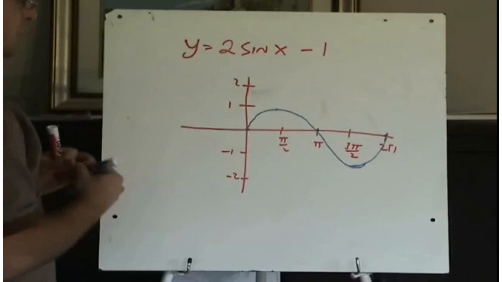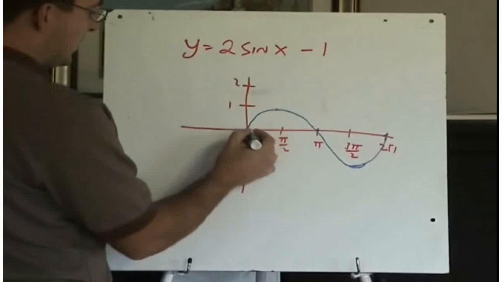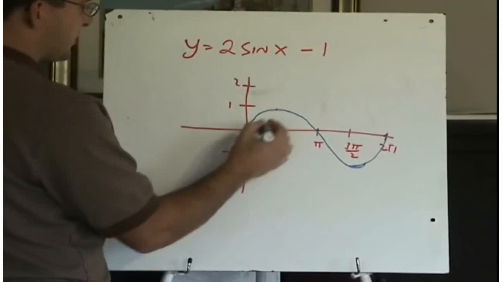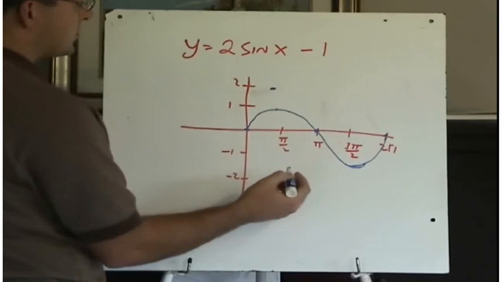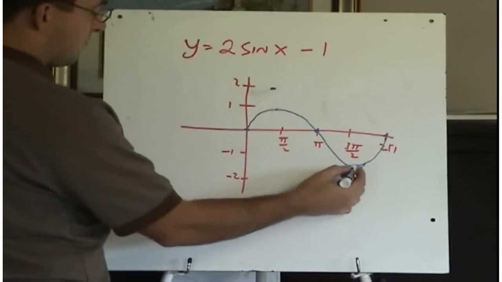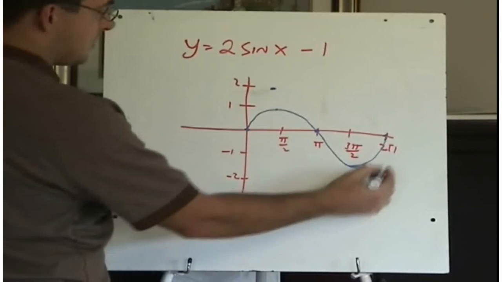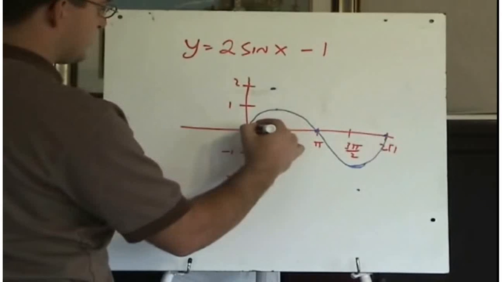So let's vertically expand this by a factor of 2. Well, 0 times 2 is still 0. 1 times 2 is 2. 0 times 2 is 0. Minus 1 times 2 is minus 2. And 0 times 2 is still 0.